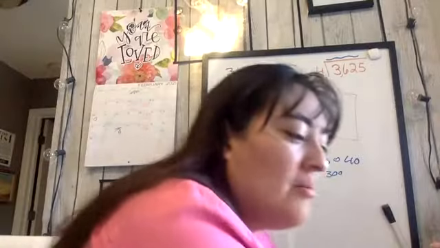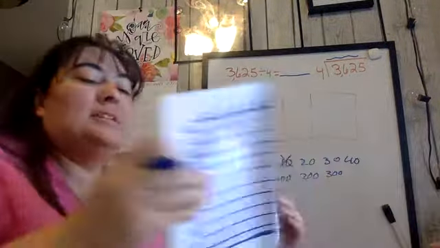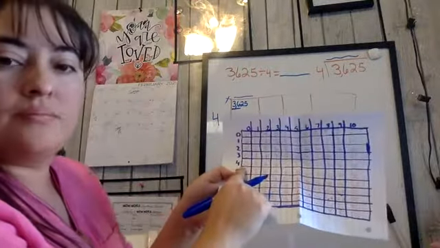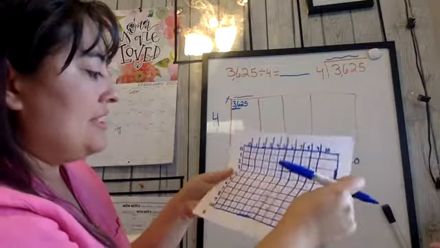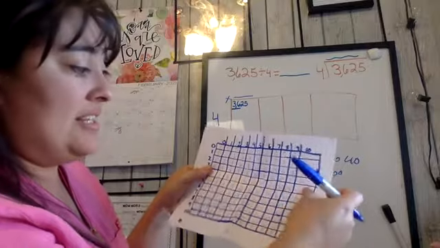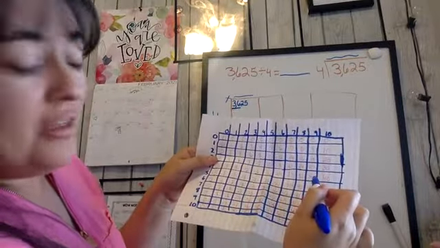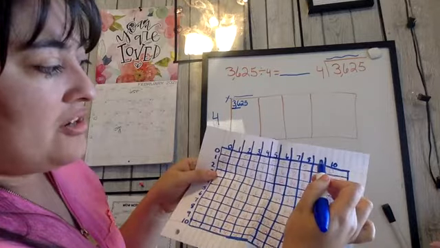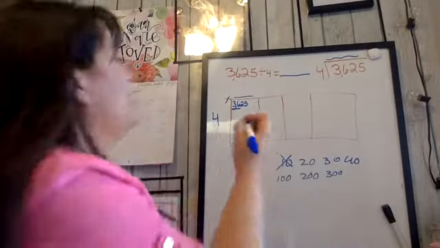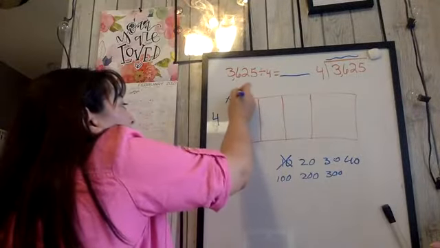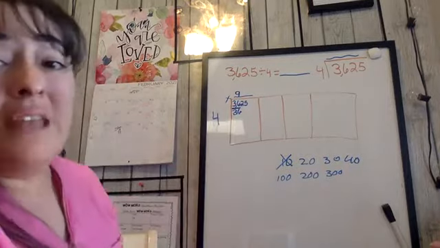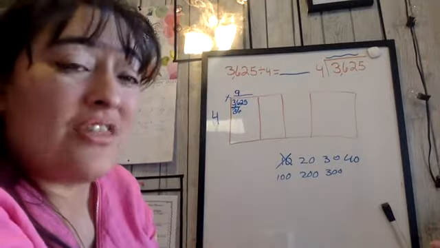That's too high, okay? So even 4 times 10 isn't going to work. Looking at your multiplication chart that we created on Monday, what I'm going to do is look for the 4, and go across until I find the number that is closest to 36 or exactly 36, and I see it right there. So then I'm going to go up my chart and see that 4 times 9 is exactly 36. So I'm going to put that right here. 4 times 9 is 36. Now, we have to remember, this isn't 36.